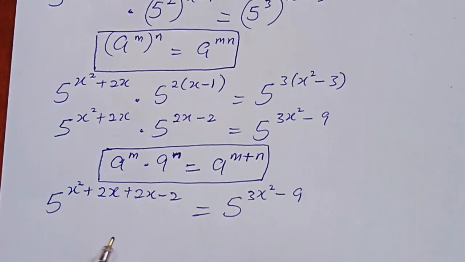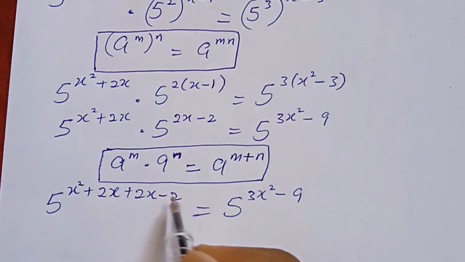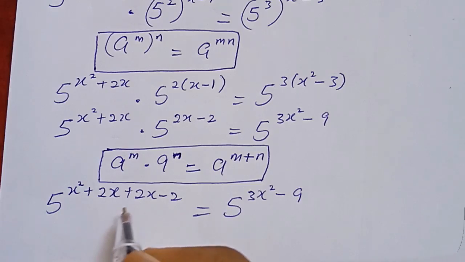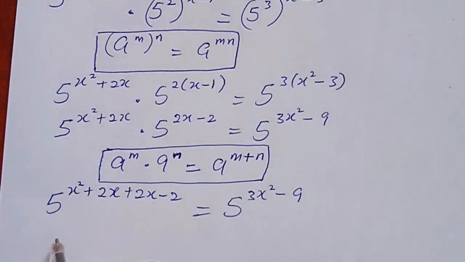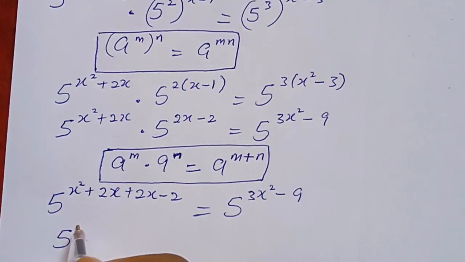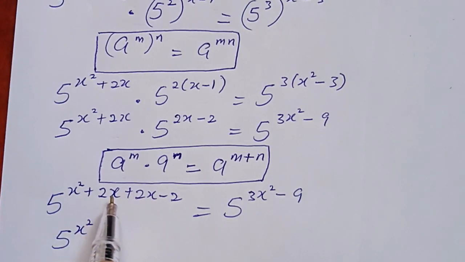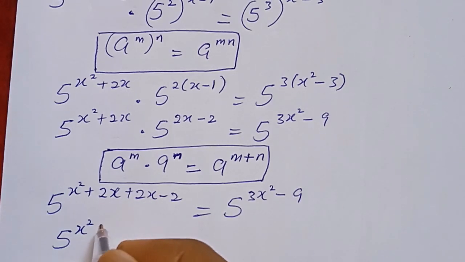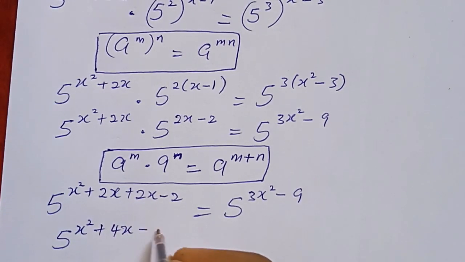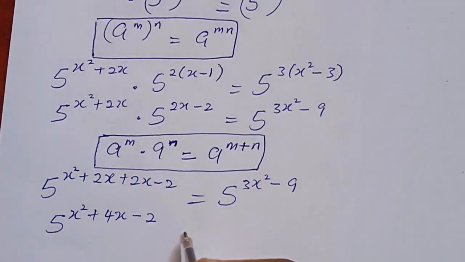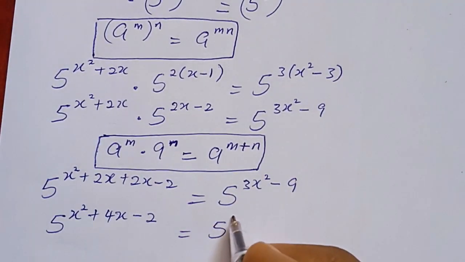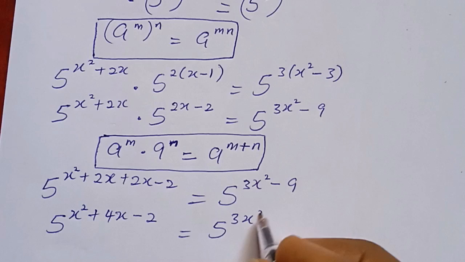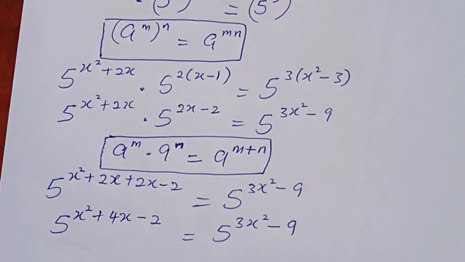So I have combined the exponent, so we can then simplify the left hand side. We have 5 raised to power x raised to power 2, 2x plus 2x will give us plus 4x minus 2 equals to 5 raised to power 3x raised to power 2 minus 9.